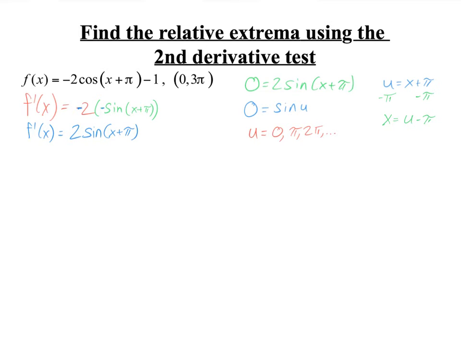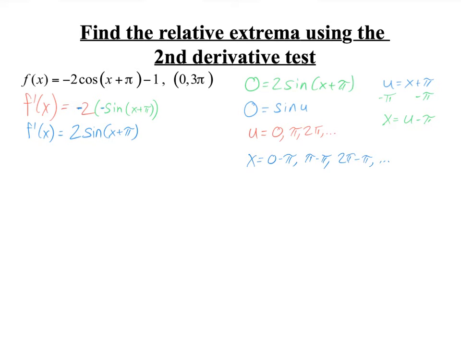And from there, can we convert this to x? Okay, let's convert that to x. So we're going to take every u and minus pi. So for x here, x is going to be 0 minus pi, pi minus pi, 2 pi minus pi, dot, dot, dot. Can you see a pattern?